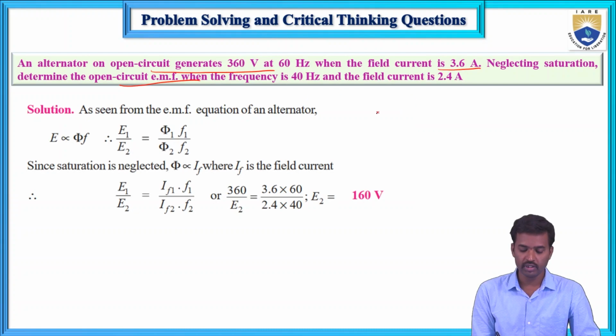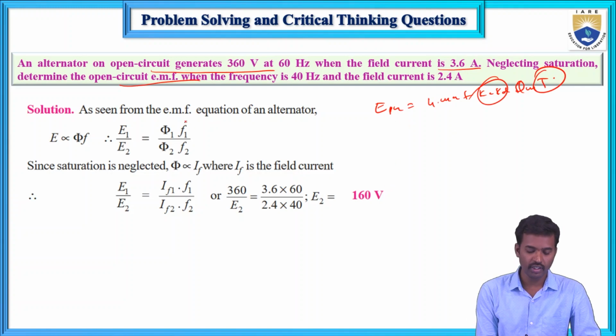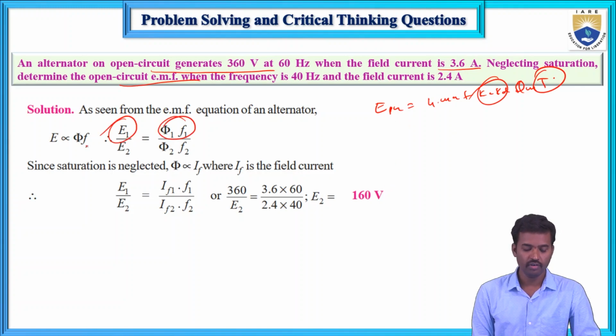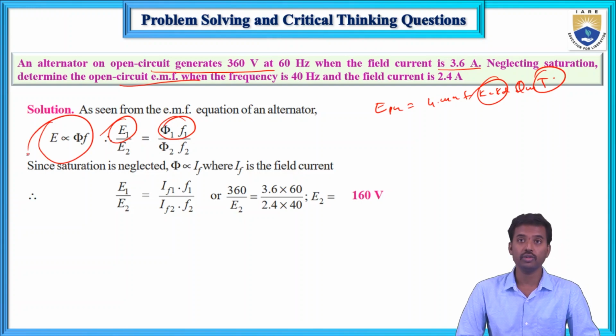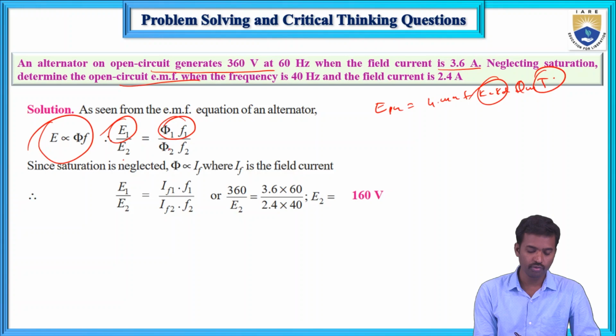We know E phase equals 4.44 into F into Kc into Kd into phi m into T. T, Kd and Kc are fixed, so E is directly proportional to phi into F. So E1 by E2 equals phi 1 by phi 2 into F1 by F2.